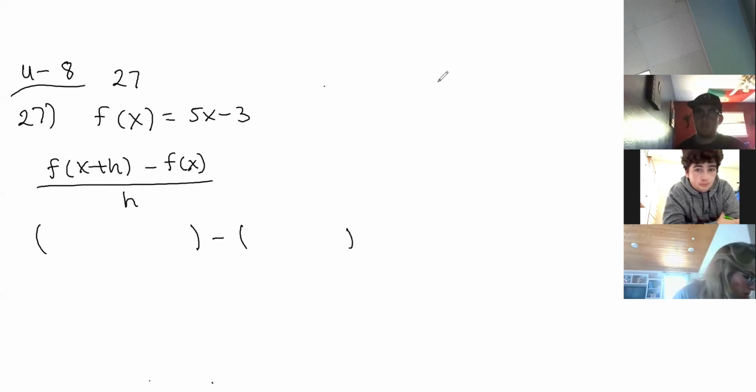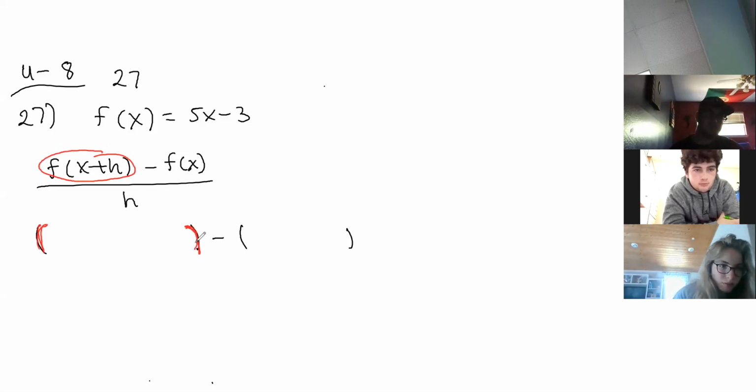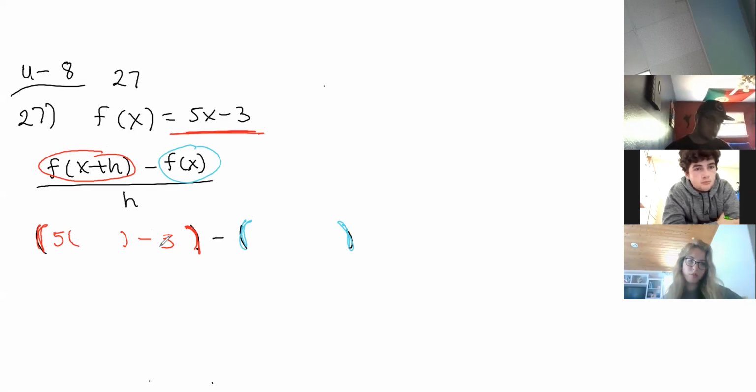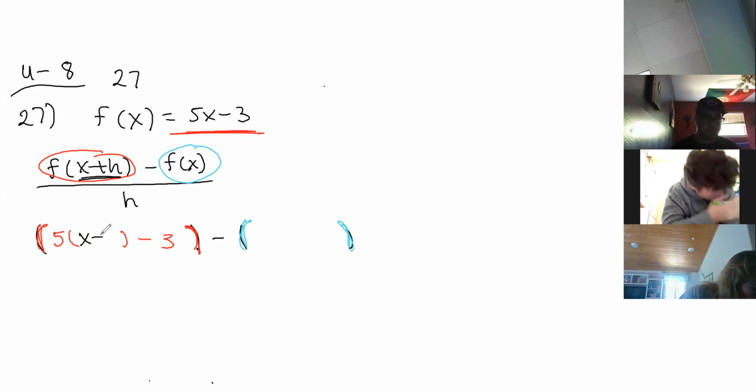This is the first parentheses, and this piece goes in the second parentheses. In the first parentheses, we're taking our f function and plugging in x plus h into all of the x's. So 5 blank minus 3, what goes in the blank? X plus h.